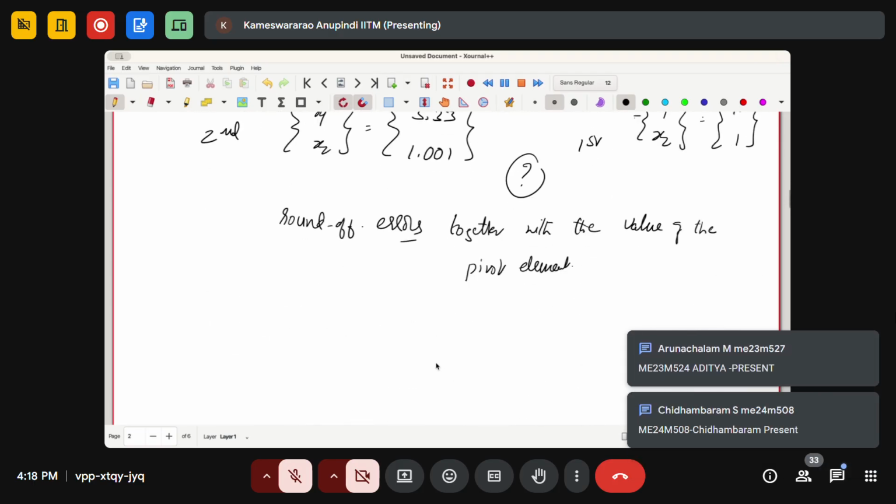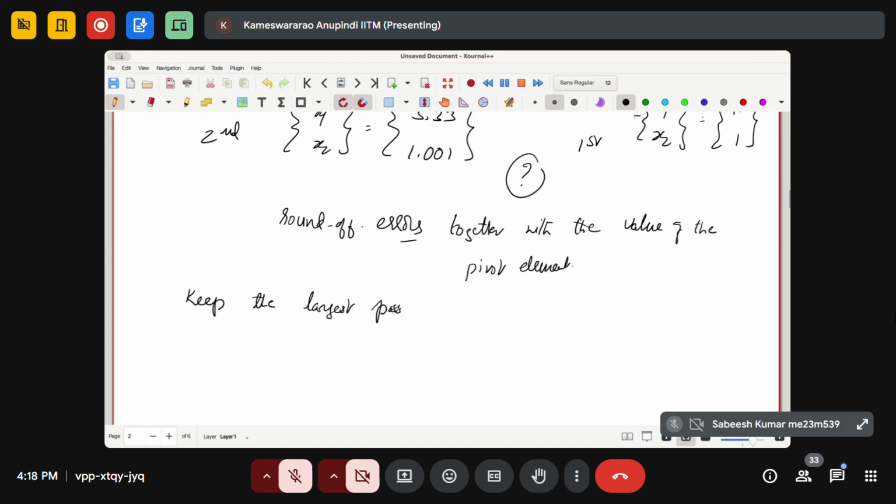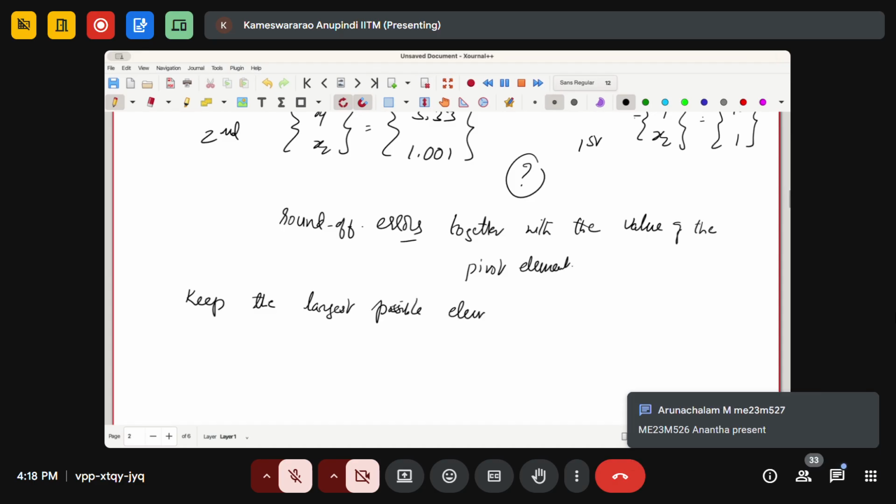So the idea is to keep the largest possible element in the pivot position, right?